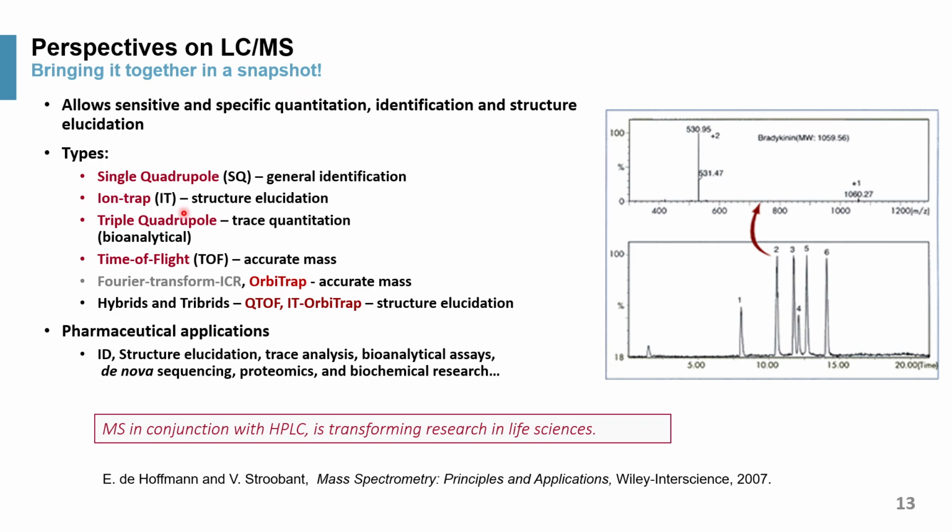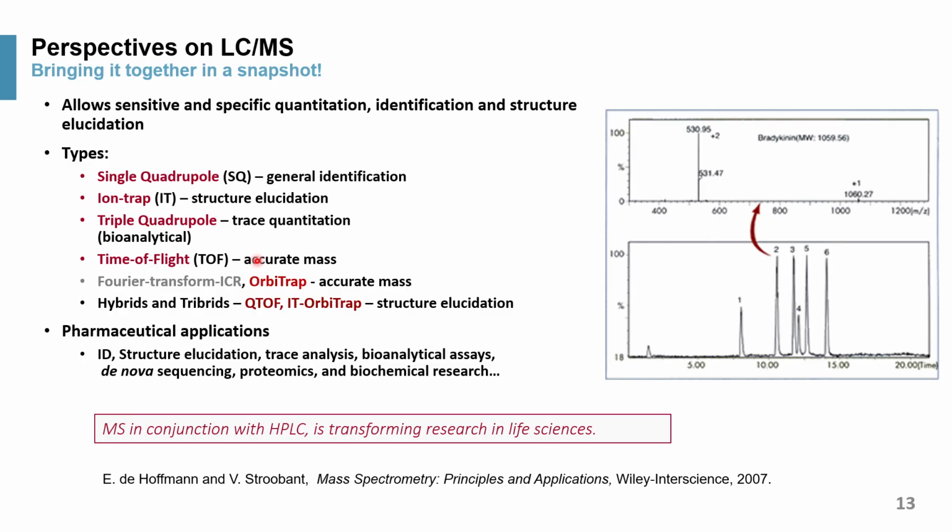Different types: single quad for general ID or mass confirmation, ion trap for structure elucidation, triple quad, which is the gold standard in trace quantitation, particularly in bioanalytical assays, and for high resolution mass spec, time of flight for accurate mass, and Orbitrap.